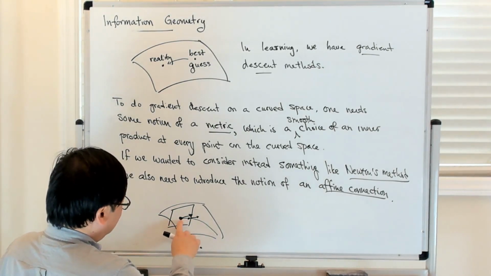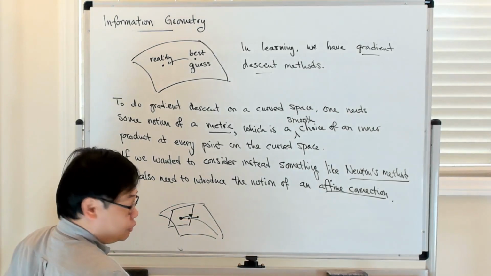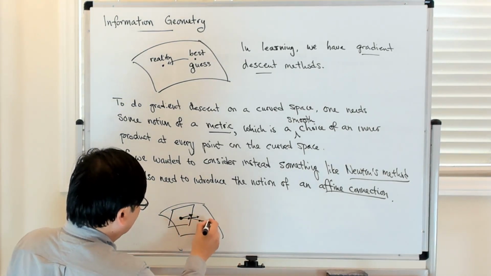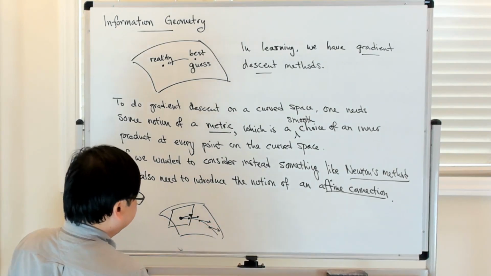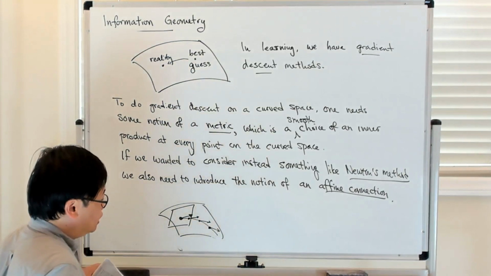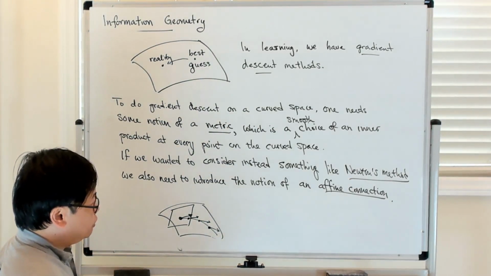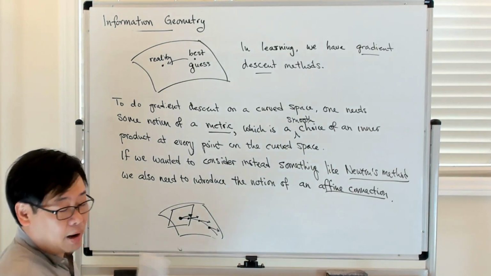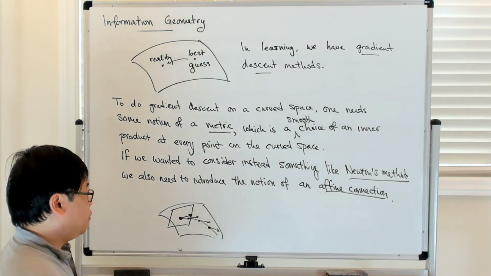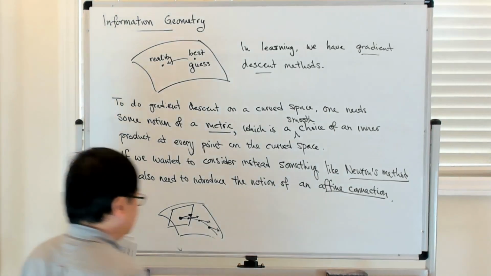So as you move along this curve, the tangent vector is parallel transported. That parallel transport allows you to do a variety of things. For one, it gives one possible way of making sense of straight lines in a curved space.